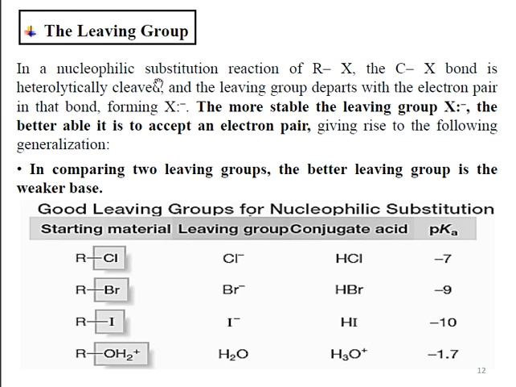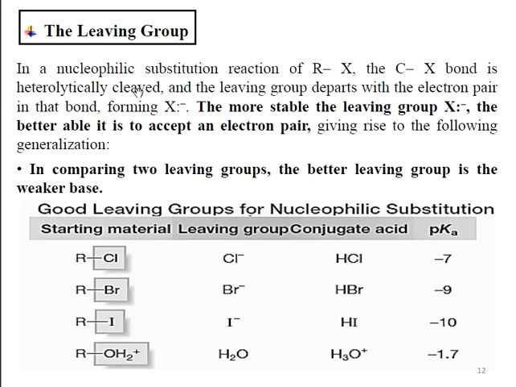In the nucleophilic substitution reaction of R-X, the carbon-X bond is heterolytically cleaved. Cleaved means it will be broken. The bond between carbon and halogen will be broken not equally.